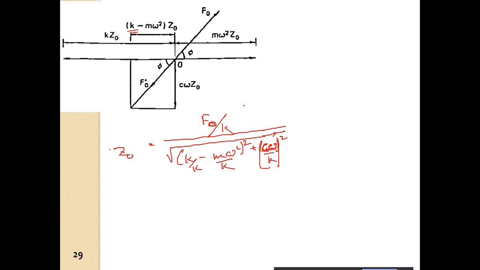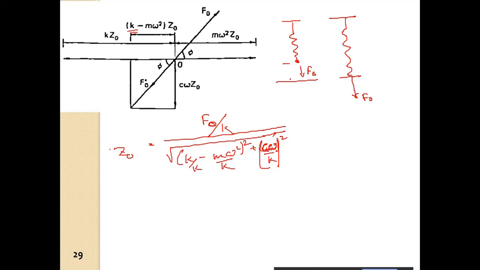So this F naught by K is the static deflection. Initially the spring was in this manner. Then suddenly we apply the force F naught, and it will come to this position here.